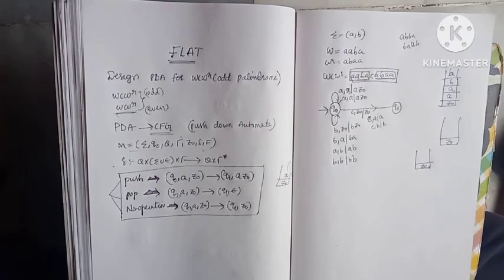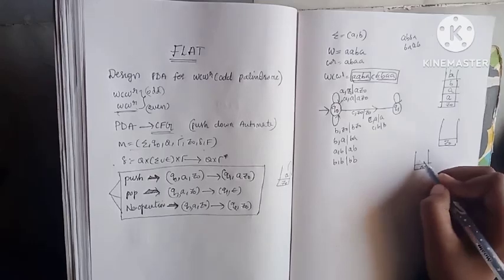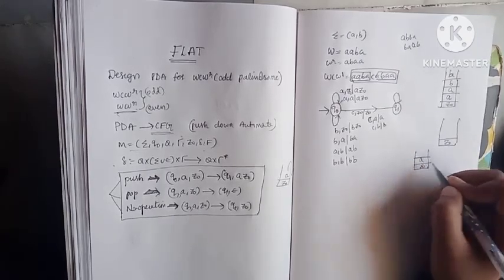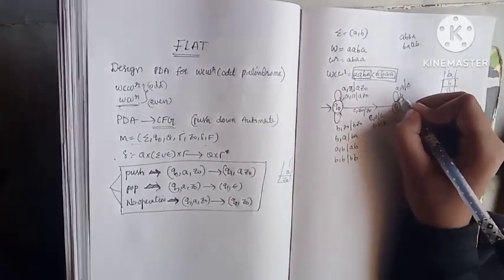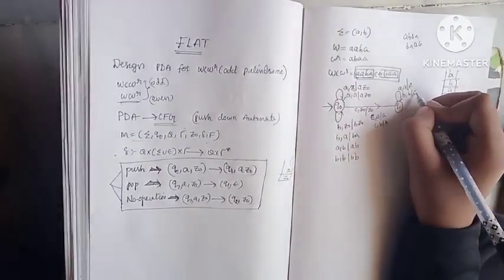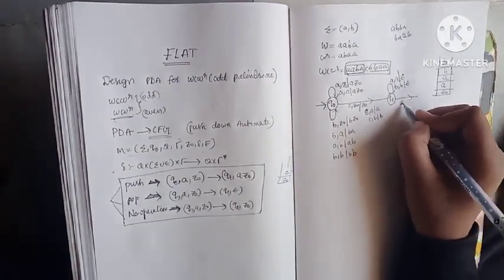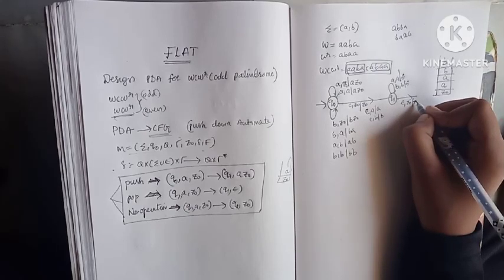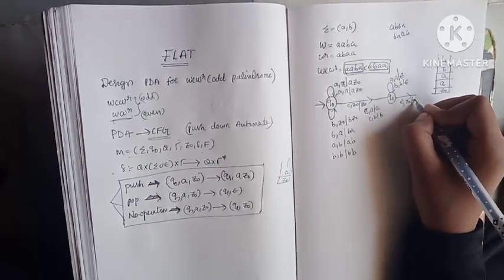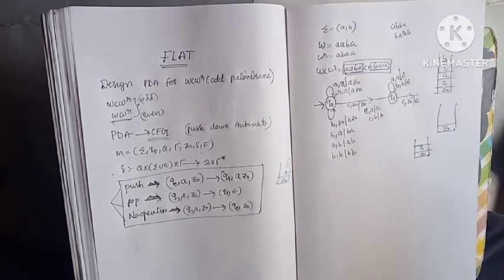Now whatever element comes, we just want to pop them out. For example, if I encounter a and there is a at the top of the stack, I just pop it out. Similarly, if I encounter b and b is at the top of the stack, I pop it out, and finally the stack will be empty. With the epsilon move, I am going to get into the final state.